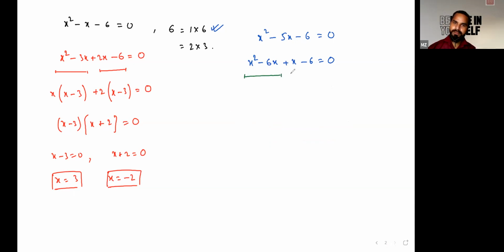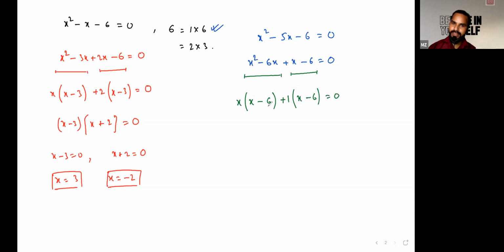Take out common from this part and from this part as well. So if we take out x as common, we're left with x minus 6. There is no term common in these two terms, so we can take 1 as common.